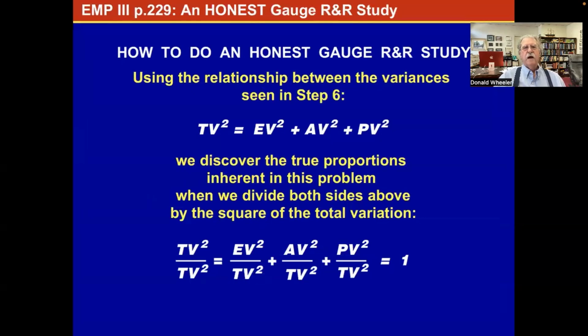Well, how do we do an honest gauge R&R study? Using the relationship between the variances seen in step 6, the variances are additive, we discover the true proportions inherent in this problem when we divide both sides above by the square of the total variation.